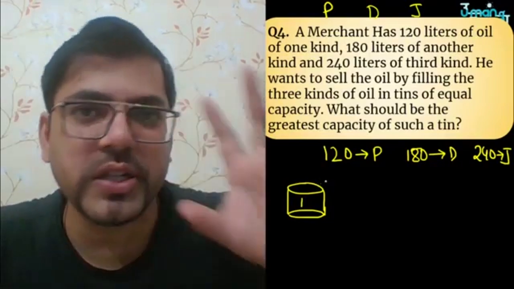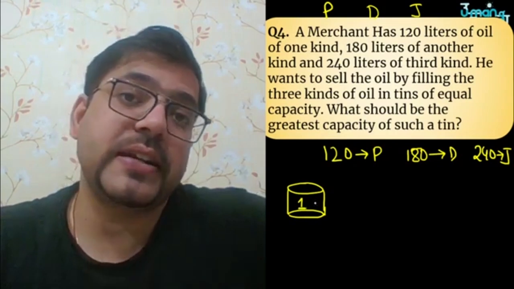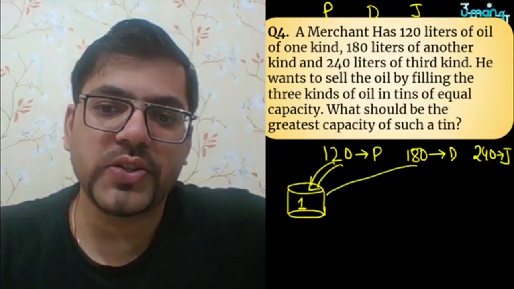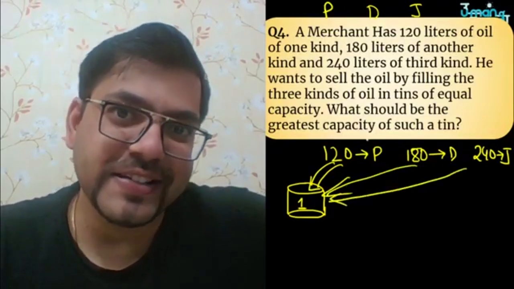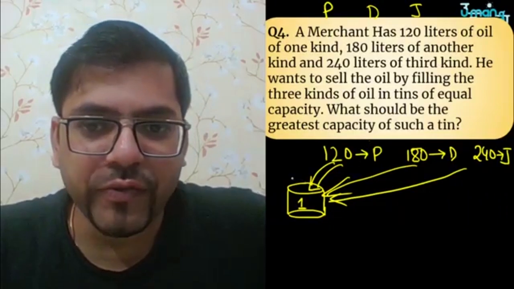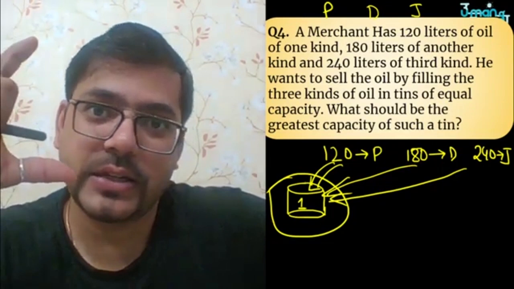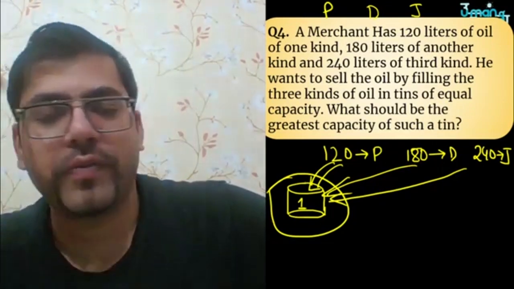So the question is asking what should be the capacity of this smaller tin in which the merchant can fill the petrol, the diesel, and the jet fuel and sell them. We have to find the largest value of tin so that we can fill all of them equally.